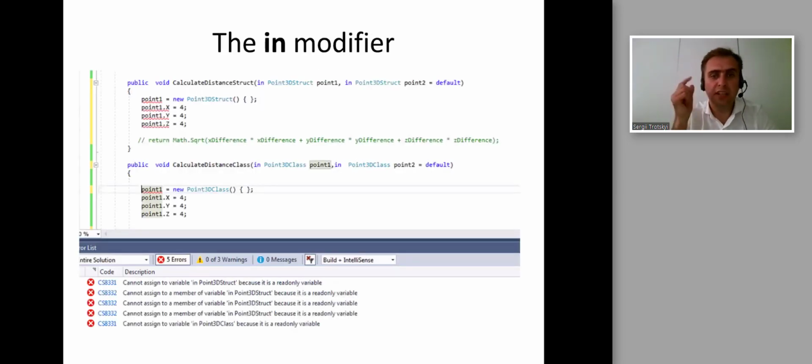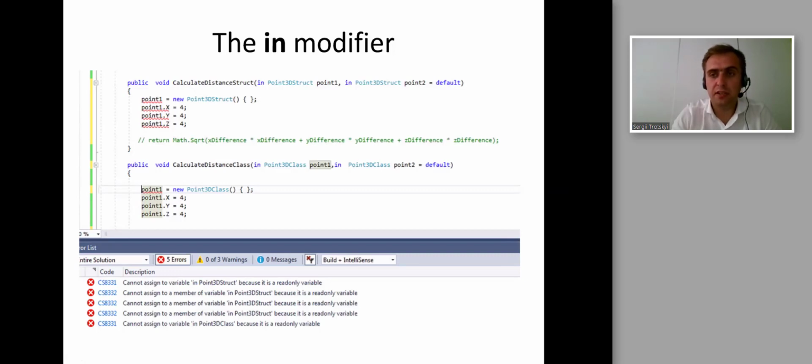So what does the in modifier mean? It is applied to an argument inside the method signature. If the in modifier is applied and we pass a struct, it means that a new struct could not be assigned to the argument. We could not directly change its properties.